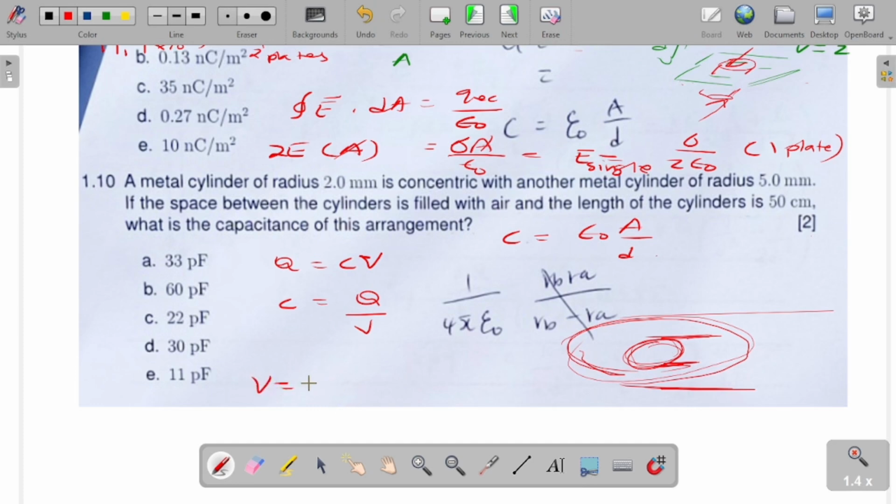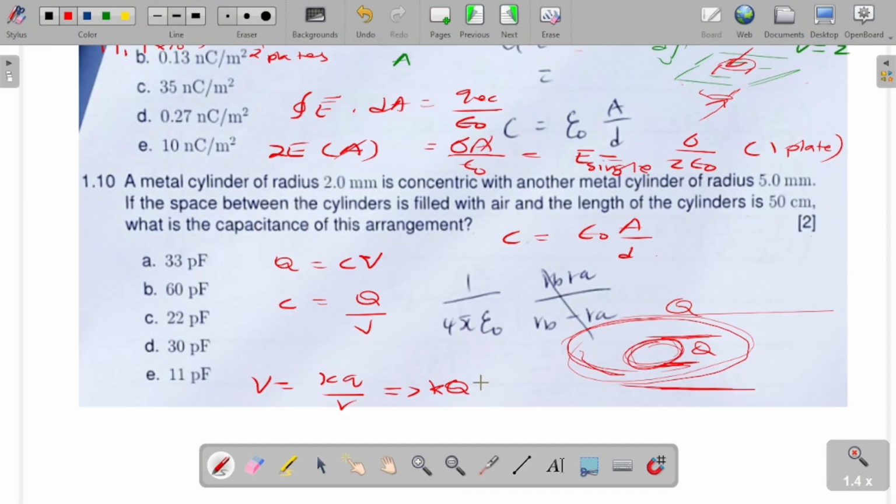To find that potential difference, remember, you're going to say we have KQ over R, but in this case our charge, we need to find that charge first, and our R is changing. In fact, our charge can just be constant. Let's say the magnitude of our charge on both these cylinders is just Q on both of them.